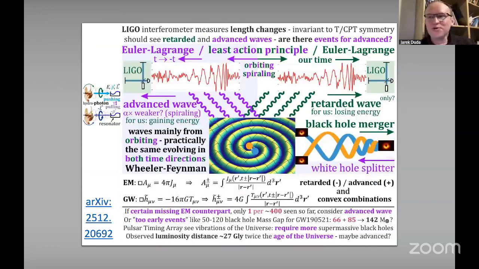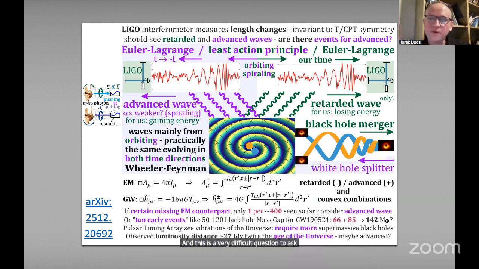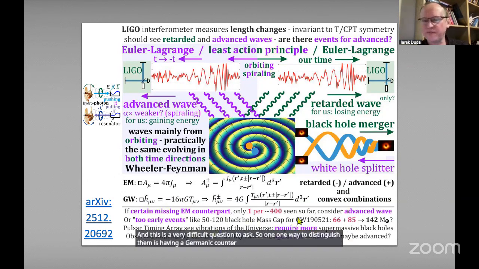If you are looking for advanced waves, one direction is taking a look at LIGO events and asking whether they are retarded or advanced. Currently, they just assume they are retarded. We should try to ask this question seriously, and it is a very difficult question to ask. One way to distinguish them is having an electromagnetic counterpart, but this has happened only once in 400 events so far.